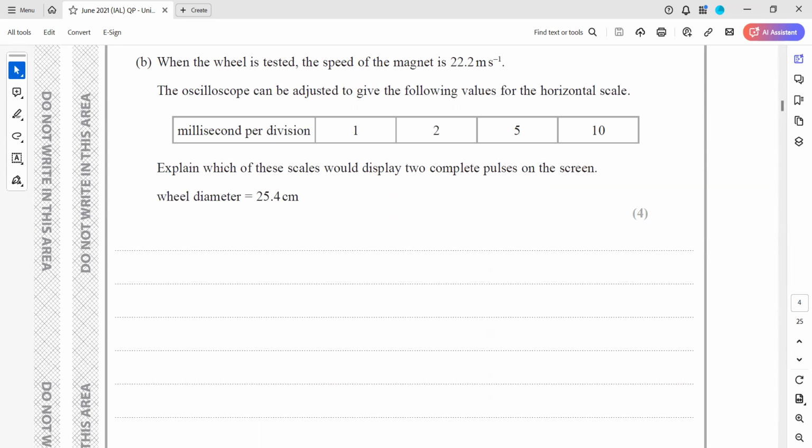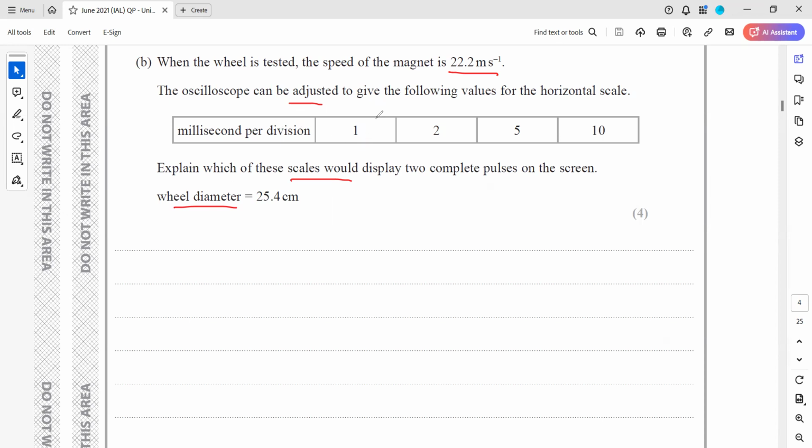When the wheel is tested, the speed of the magnet is 22.2 meters per second. The oscilloscope can be adjusted to give the following values: 1, 2, 5, and 10 milliseconds per division. Explain which of these scales would display two complete pulses on the screen, given the wheel diameter is 25.4.